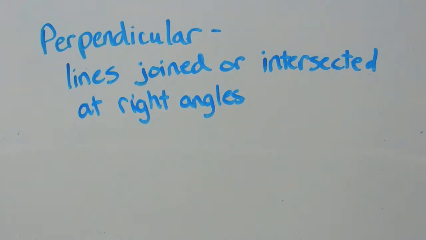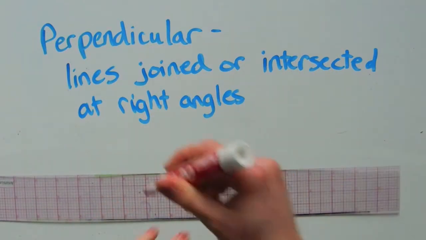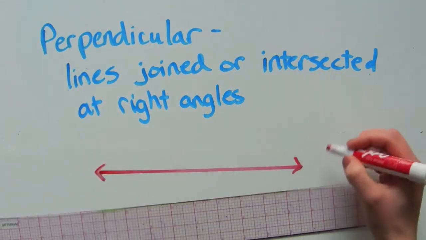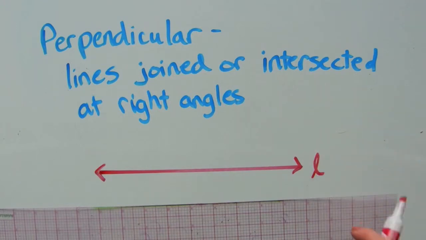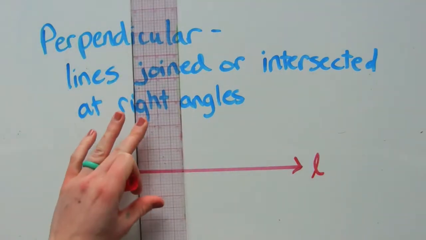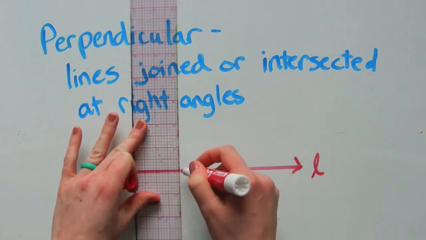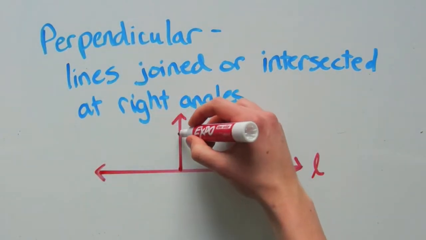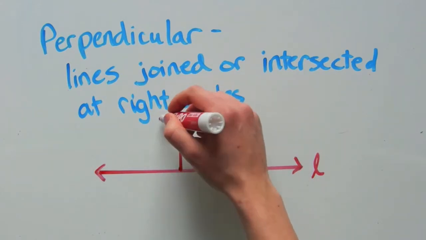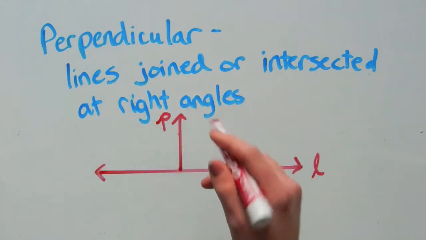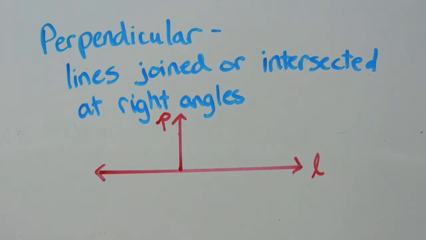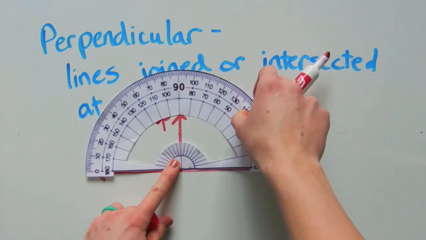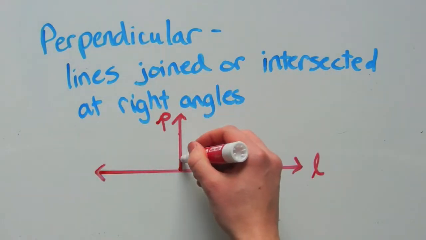So an example of this would be line, let's call this line L. And coming out of this, we'll call this line P. Checking on the protractor, we can see that line L and line P form a 90-degree angle.